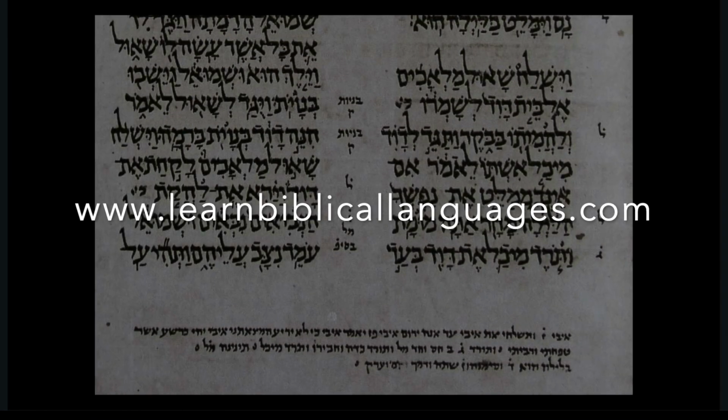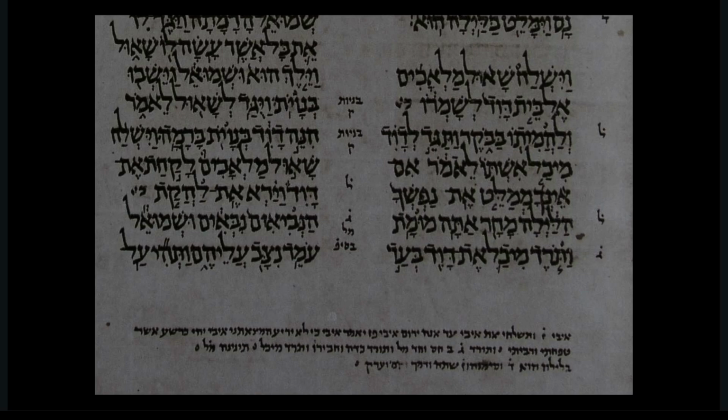Now here we're looking at a section from the medieval manuscript, the Leningrad Codex, which is the basis for pretty much all Hebrew Bibles today. And you can see that in the Middle Ages, when the Jewish scribes copied the biblical text, they did not use the Paleo-Hebrew alphabet. They used the square script. It should be obvious how different it is.